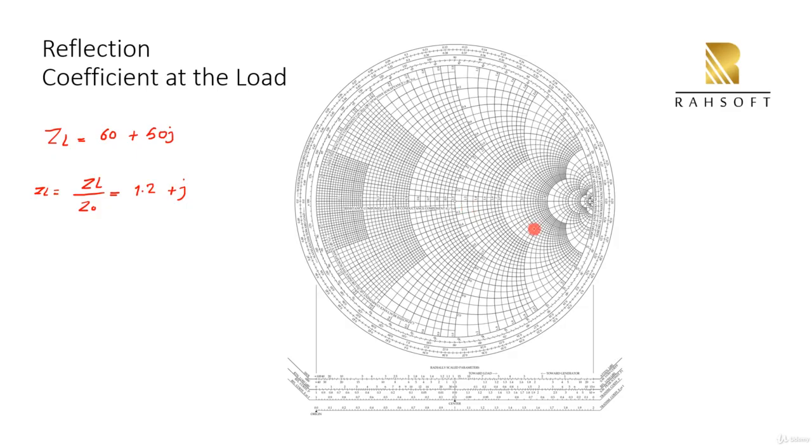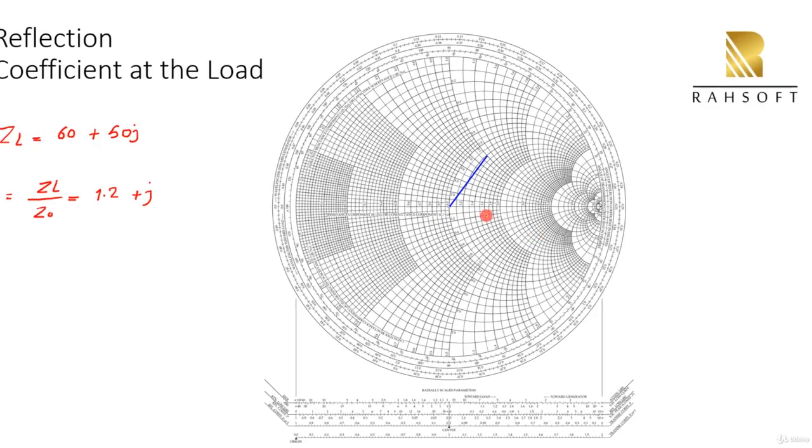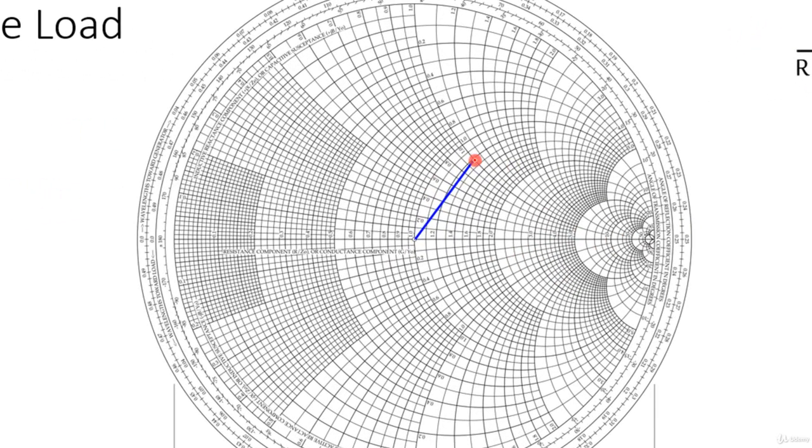And showing it on the Smith chart is simple. We are going to show it here, so this is going to be my point. I can show it with a red dot here. And then I'm going to draw a straight line from the center of the Smith chart to my impedance. So this is basically my ZL here.